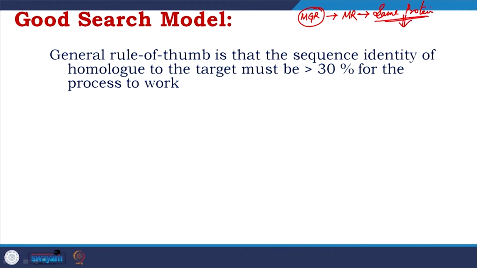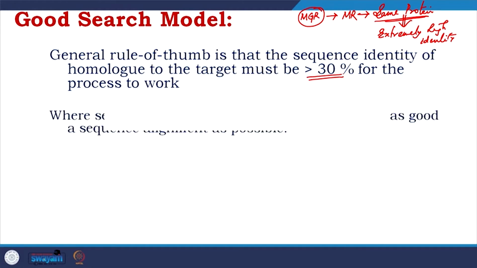So, initially it needed extremely high identity, but from there now we could even solve a protein with 30% identity.